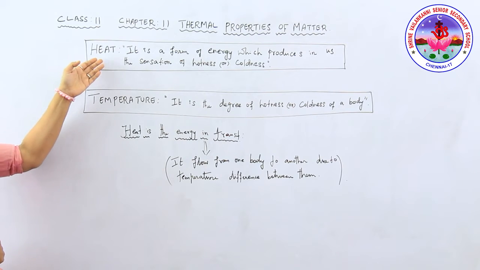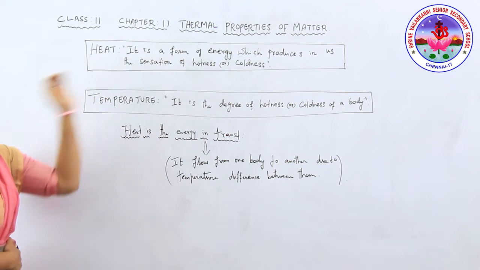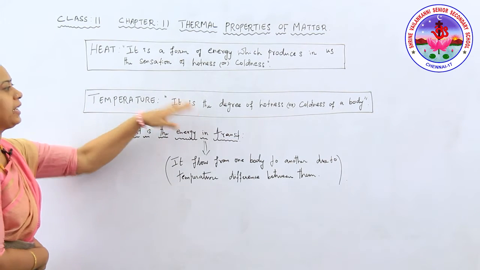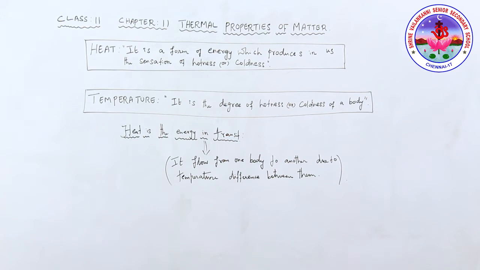So we can say that heat is a sensation of hotness or coldness. Temperature, we know, is the degree of hotness or coldness of the body. We can say it is the thermal state of the body which decides the direction of flow of heat energy from one body to another placed in thermal contact with it.